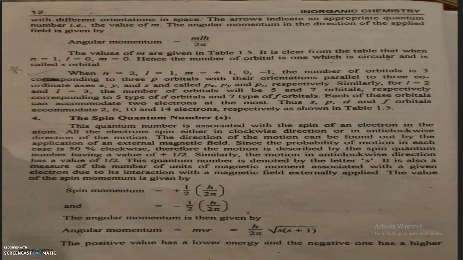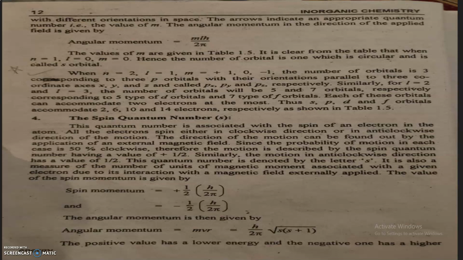Okay, now let's try to understand what the spin quantum number is. This quantum number is associated with the spin of an electron in the atom. How is the electron spinning in the atom? It can be told by this quantum number. All the electrons spin either in a clockwise direction or in an anti-clockwise direction when a magnetic field is applied.